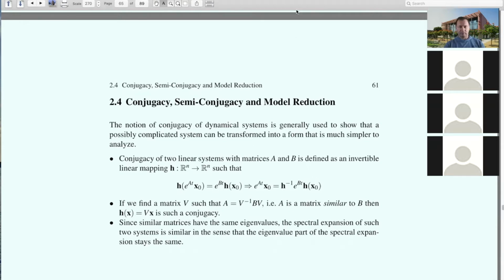Maybe I can draw a little picture here. It goes something as follows. Say we have a dynamical system that is driven by matrix A. That really means it's just x dot is equal to Ax.